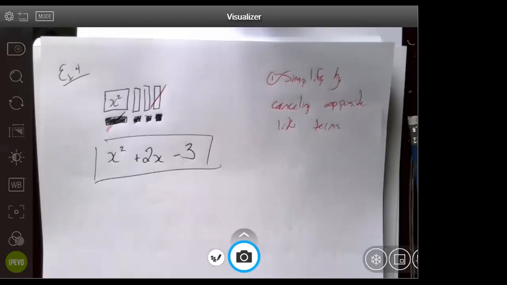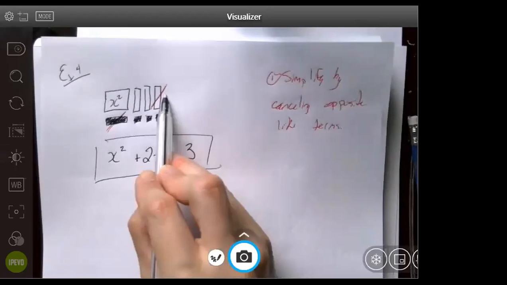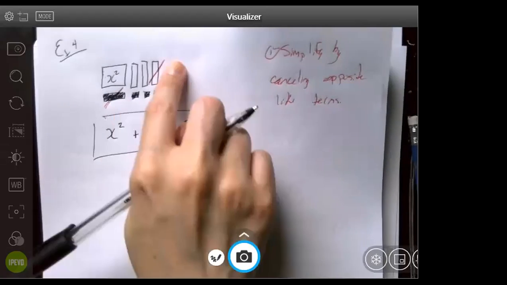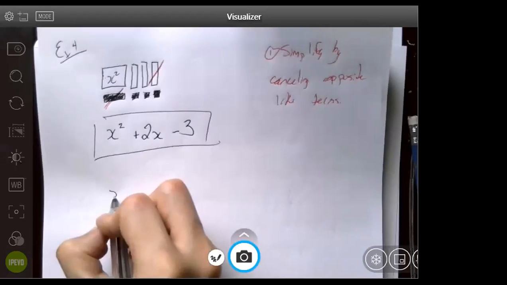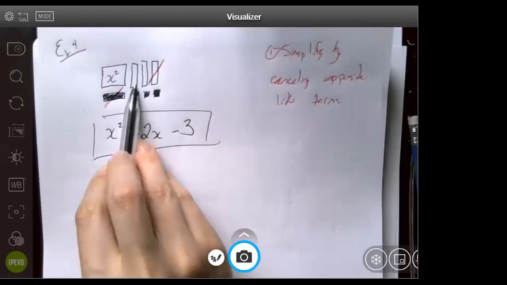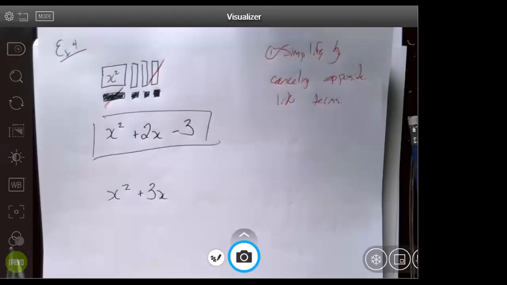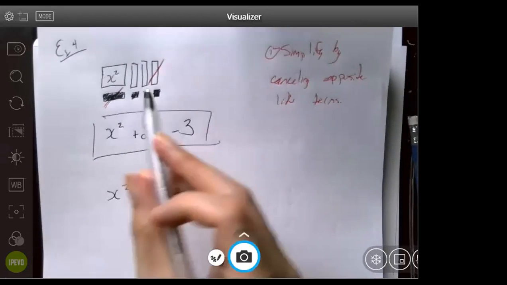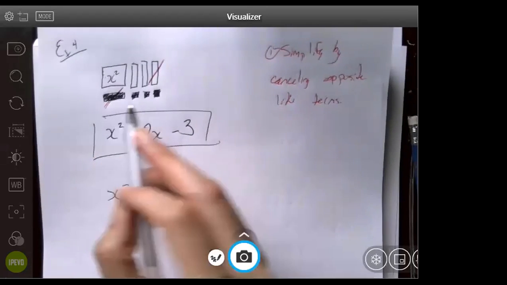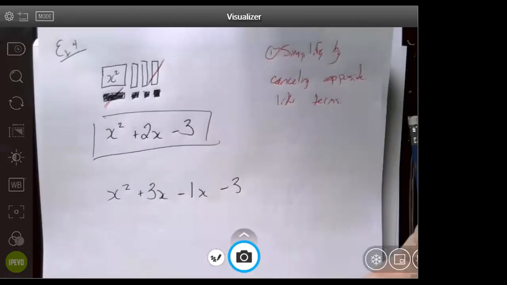Okay? If you don't like canceling out like this, you could have also written it right away without canceling it out as x squared plus 3x, because there's 1, 2, 3 of our positive x's, and then minus 1x for this guy, and then our minus 3.